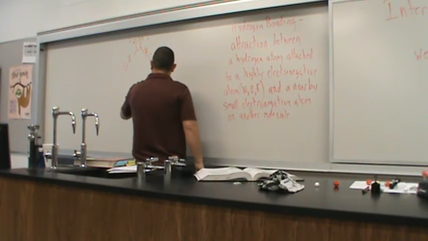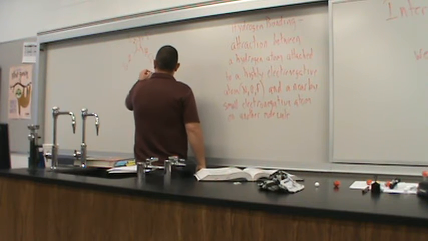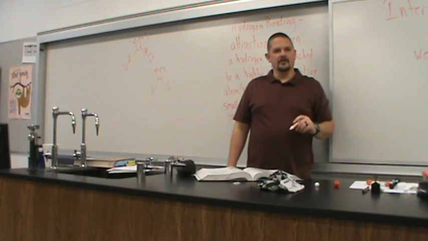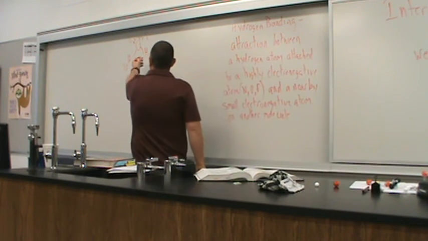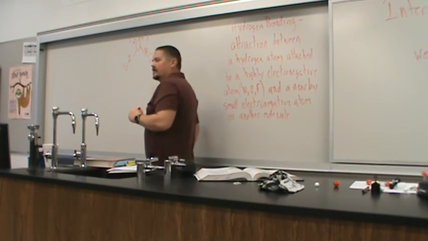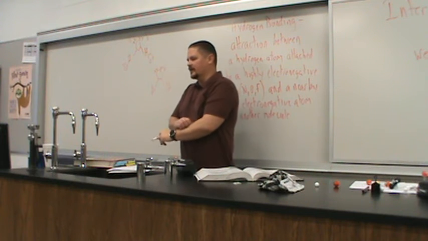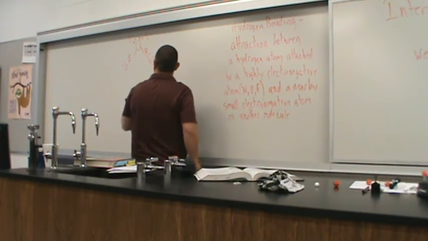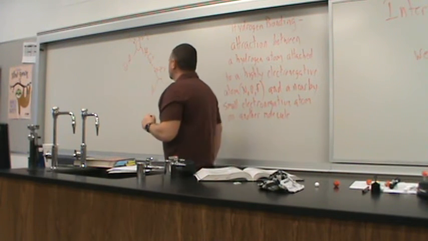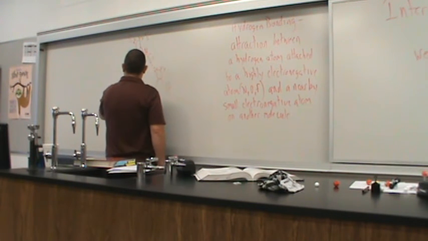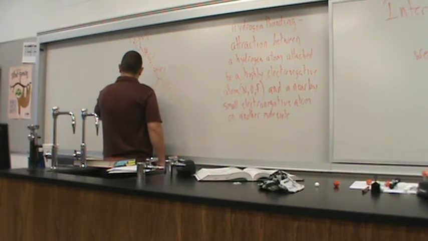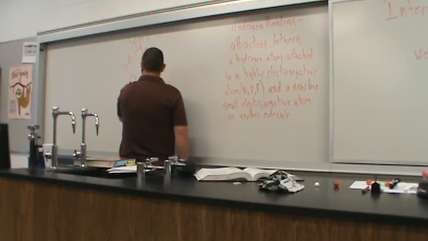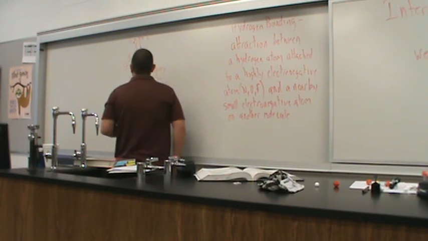Well, let's put another water molecule right here. So what happens in hydrogen bonding is that the hydrogen from one molecule is attracted to an electronegative atom in another molecule. So this hydrogen is attracted to that oxygen. And if we put another one in here, this hydrogen will be attracted to this oxygen, then there, there.